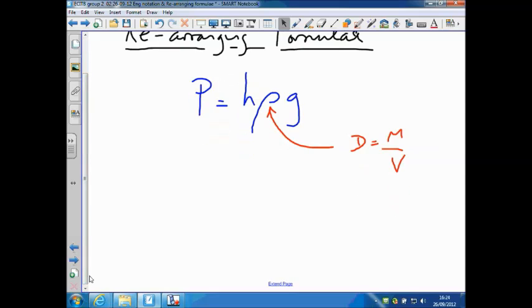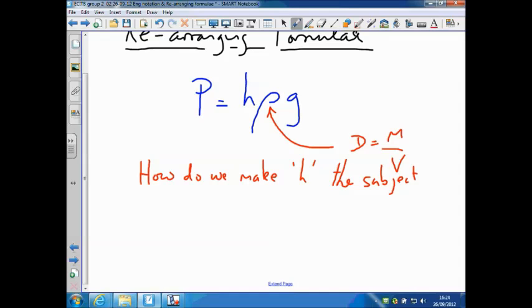So what I want to do, though, is focus on how we rearrange the formula if I want to make something else a subject. So let's say, how do we make H the subject of this formula? So the formula reads H equals something.